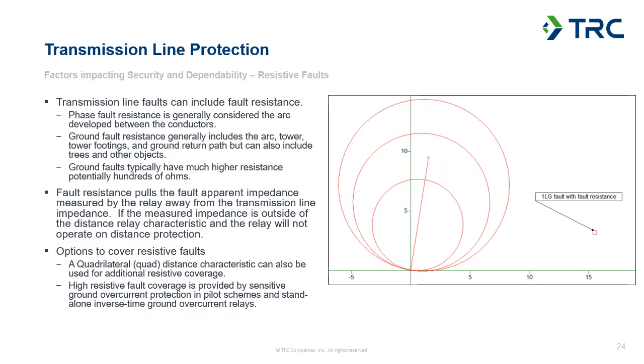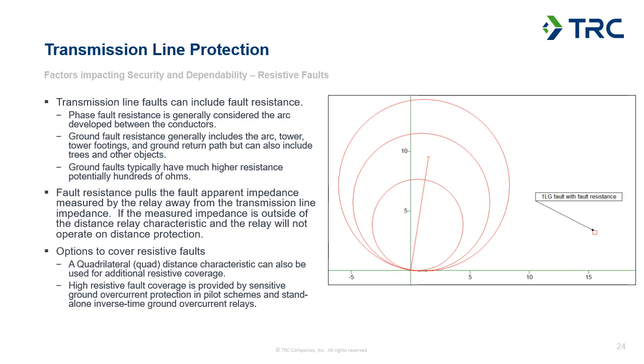So the next thing we'll take a look at is what happens if the fault has some resistance. In general, we've been talking about this RX diagram and what happens to the measured impedance, the apparent impedance seen by the relay, between load and fault currents. And we've been talking about how, when you hit the fault, the impedance measured by the relay is going to be fairly close to the line impedance angle.